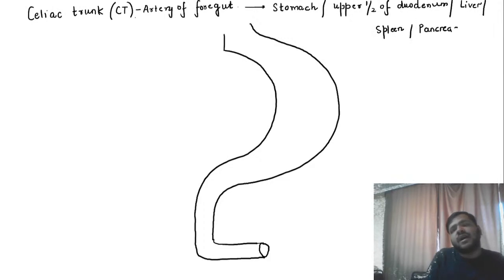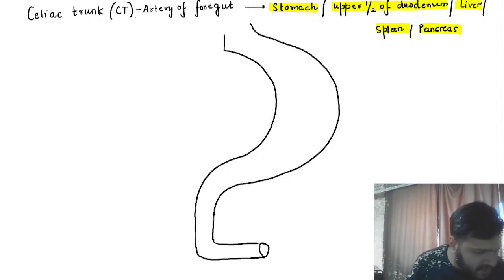So if I ask you which organs the celiac trunk gives supply to, you should remember: the stomach, the upper half of the duodenum till the duodenal papillae, the liver, the spleen, and the pancreas.